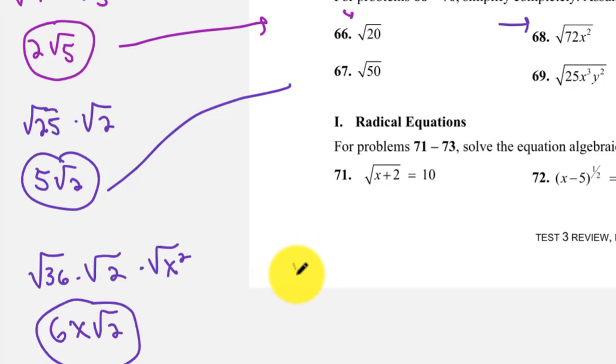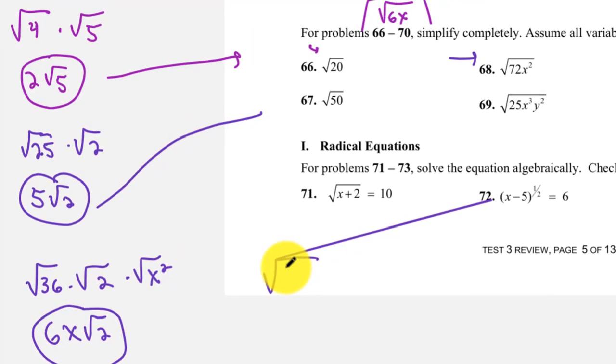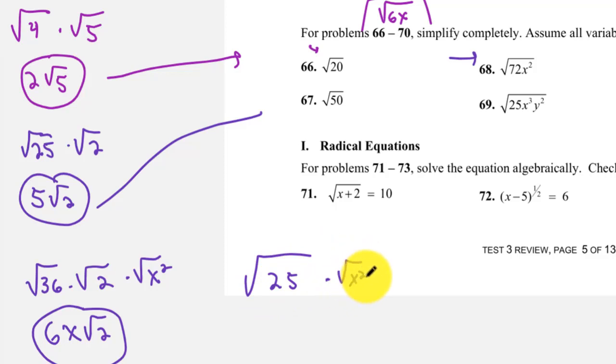69. All right, same thing. We're going to break it up as much as we can. All right, so 69 is going to look something like the square root of 25 times the square root of x squared times the square root of x times the square root of y squared. Now I broke up x cubed into x squared and x, so I can take the square root of x squared.